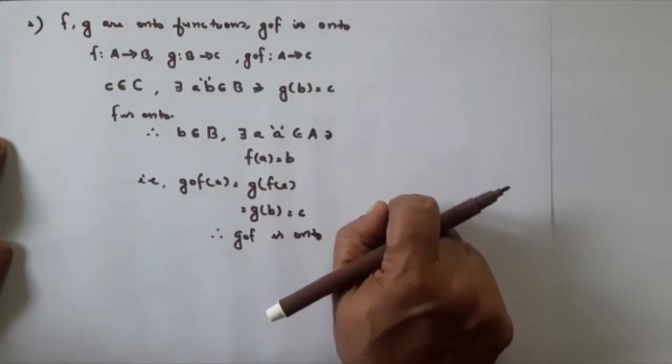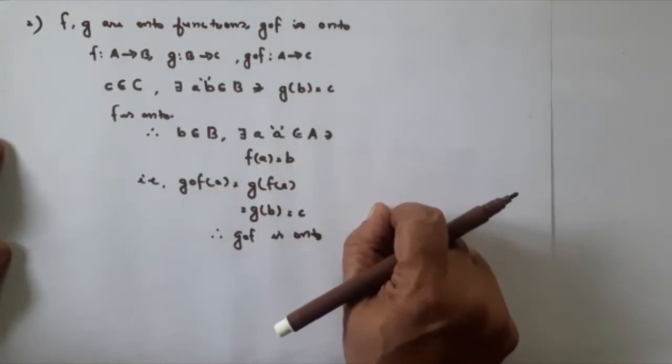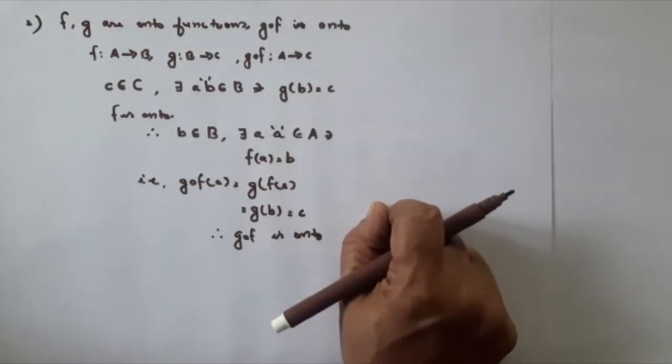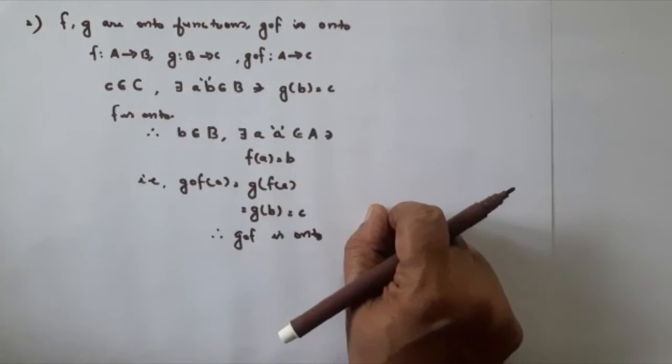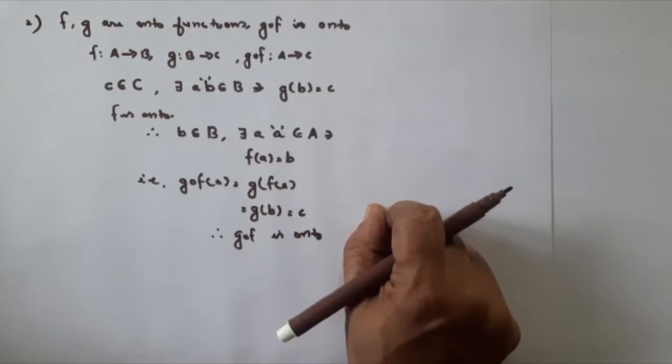As in the case of 1-1 functions, if either of the functions is not onto, g dot f is also not onto, unless C is a singleton set.